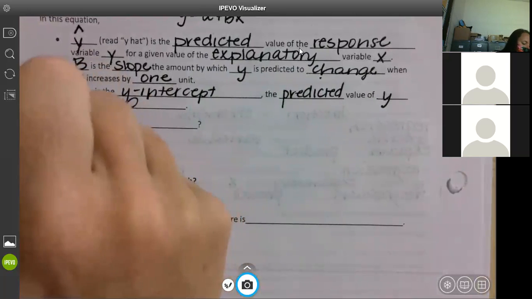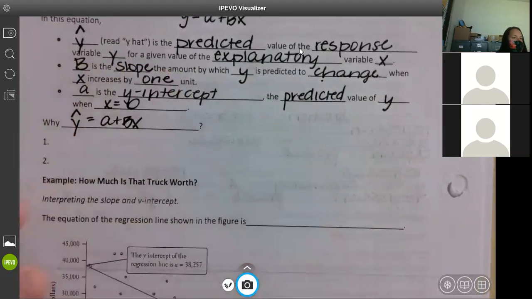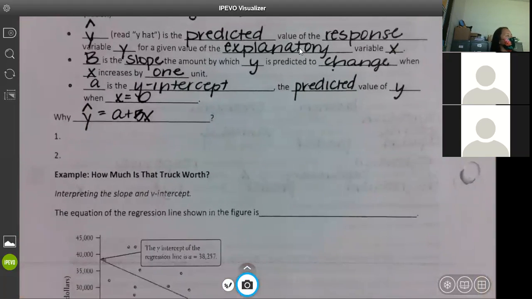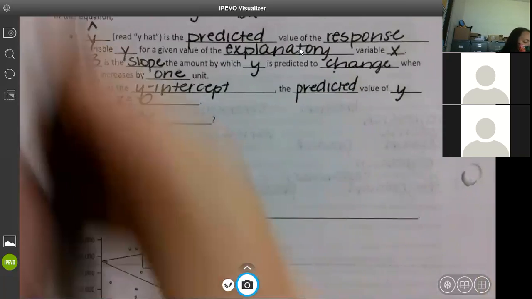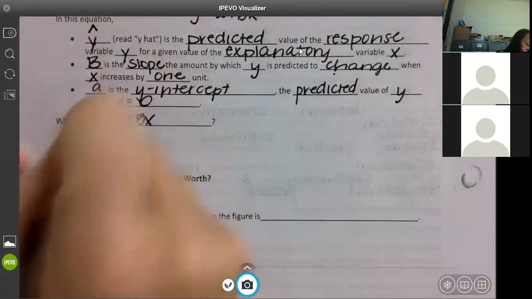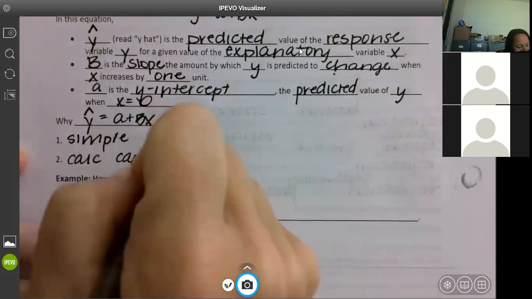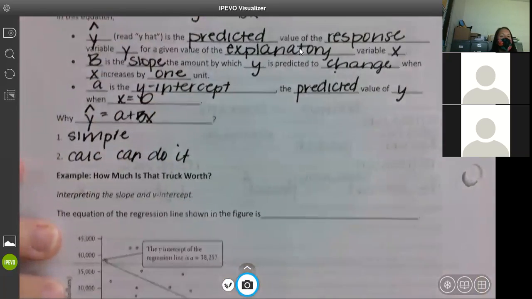And then it says, why do we use y hat equals a plus bx? There are 2 reasons, and they're like the dumbest reasons in the whole world, but it makes sense. It's simple, and your calculator can do it.